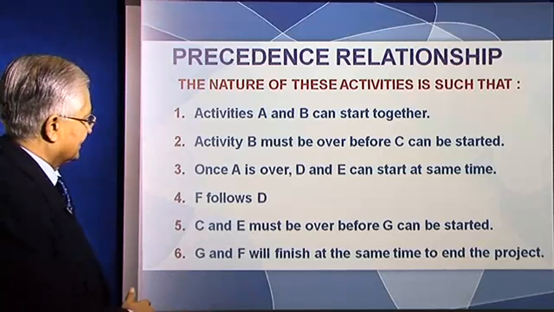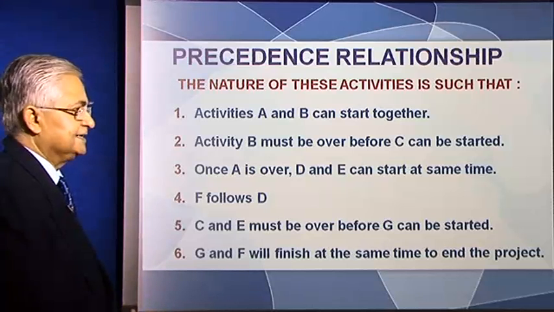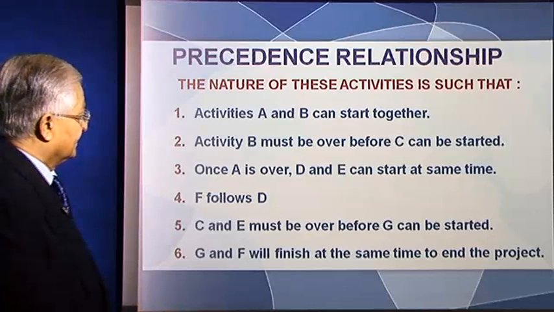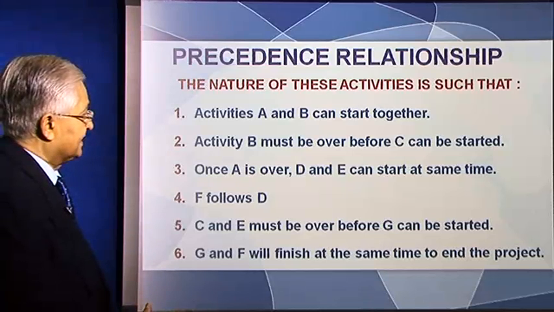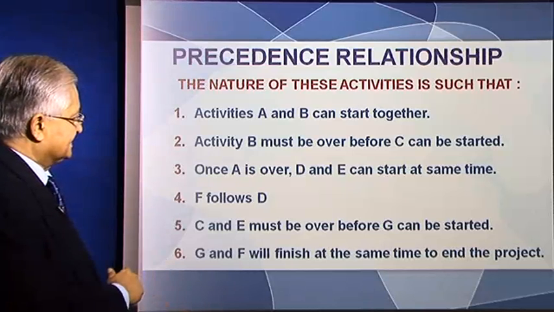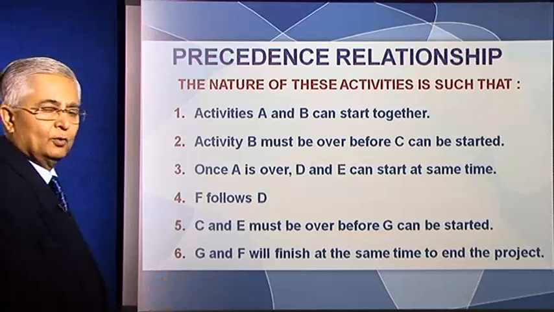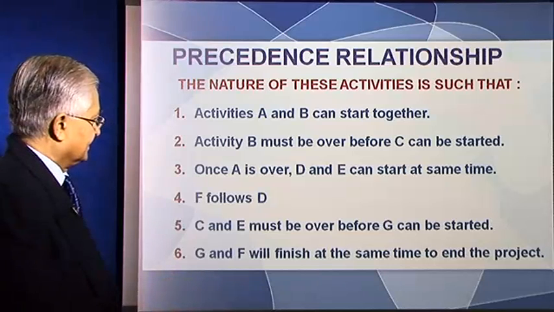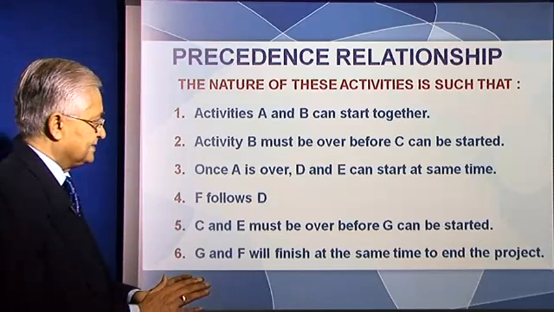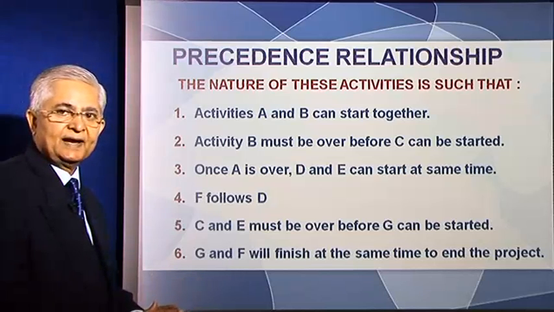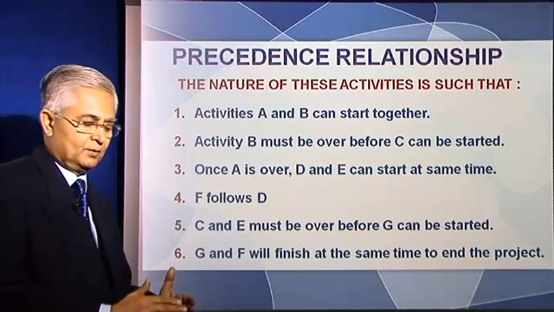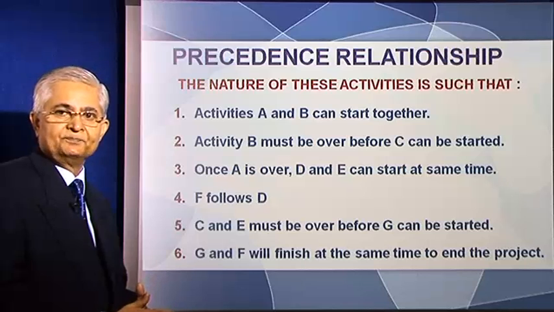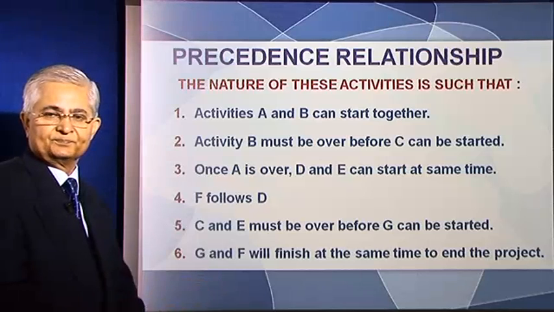Activity F can start after activity D is over. Before activity G can start, activity C and activity E must be over. Now, when activity G is over and activity F is over, when both the activities are over, the project is over.